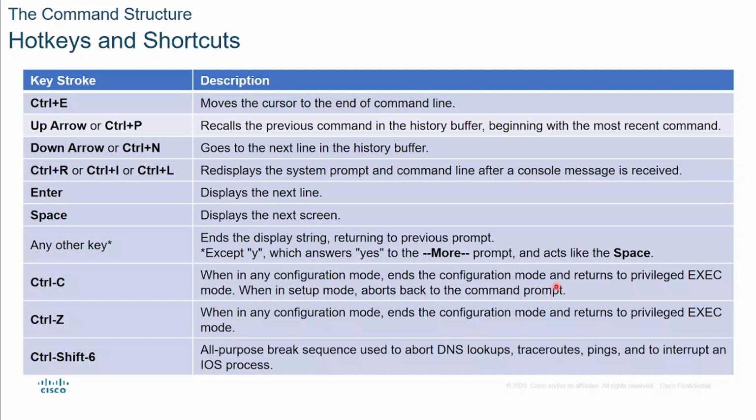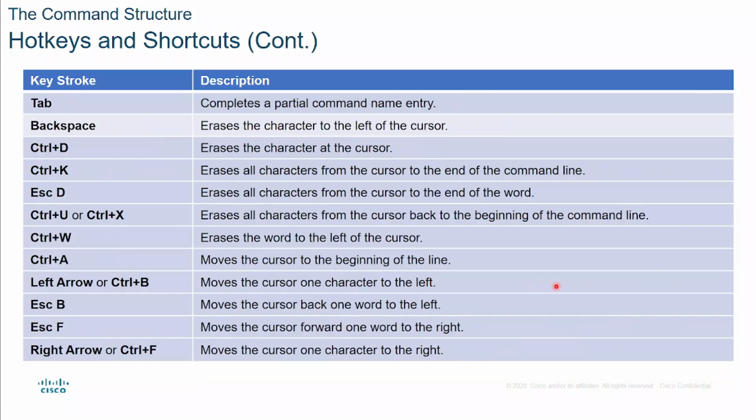Then you have Control Shift 6, an all purpose break sequence used to abort DNS lookup, trace route, pings, and to interrupt an IOS process. So for example, when you are stuck in an infinite loop or something is loading, you just use Control Shift 6 and it will end the process.